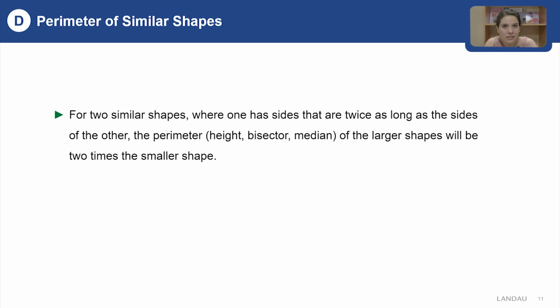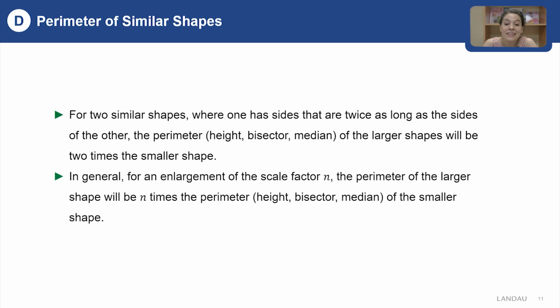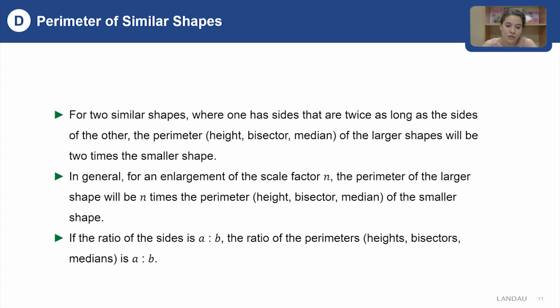So in general, we say that for an enlargement of the scale factor n, the perimeter of the larger shape will be n times the perimeter, height, bisector, median of the smaller shape. So if the ratio of the sides is A to B, then the ratio of perimeters, heights, bisectors, and the medians will be exactly A to B.